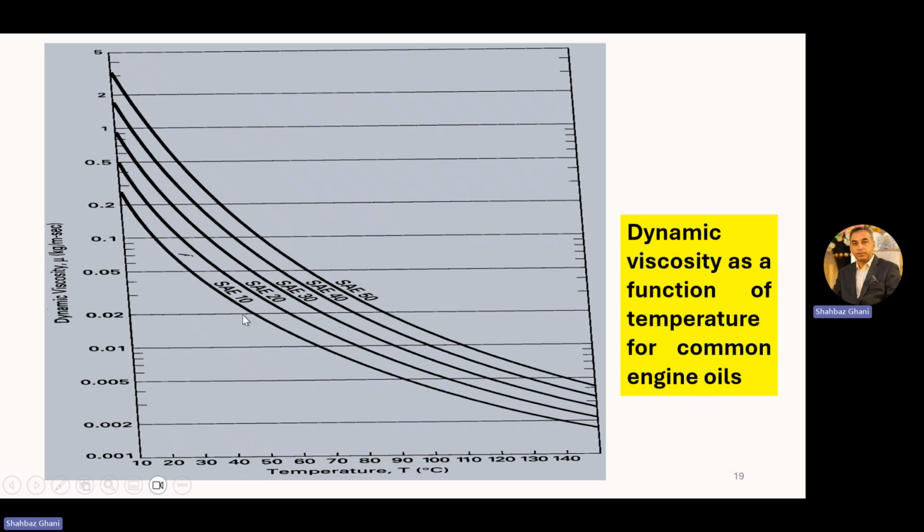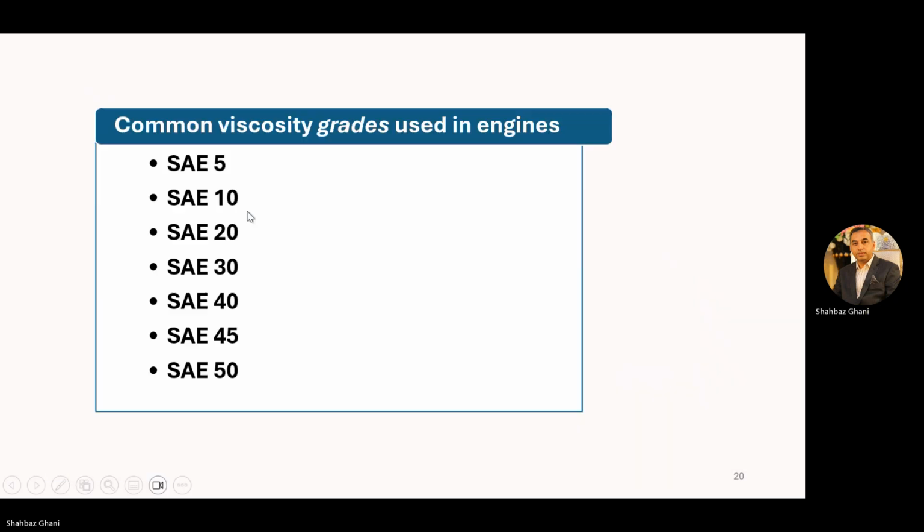As you see, as the grades increase from 10, 20, 30, 40, and 50, the viscosity at a given temperature is higher. At 40, SAE 10 requires this much dynamic viscosity, but at that temperature the dynamic viscosity of SAE 50 will be more. The common viscosity grades used in engines are 5, 10, 20, 30, 40, 45, and 50.